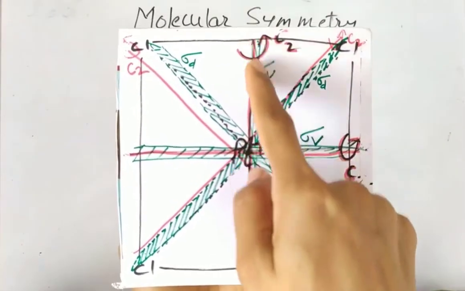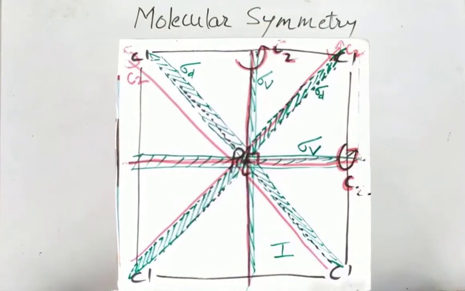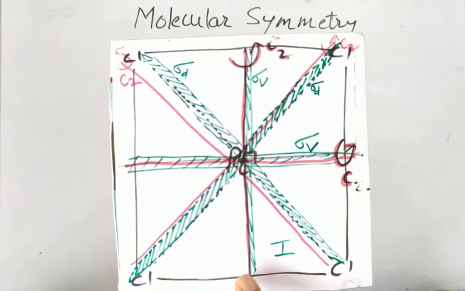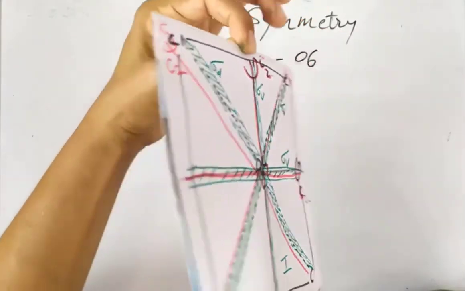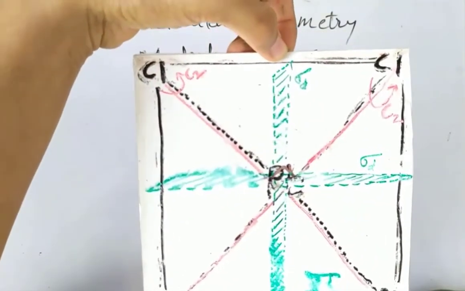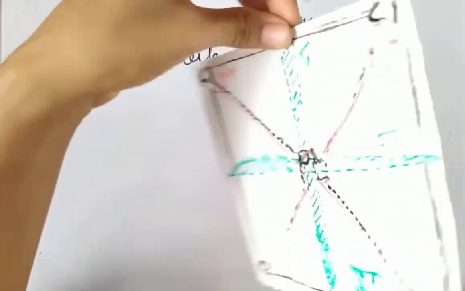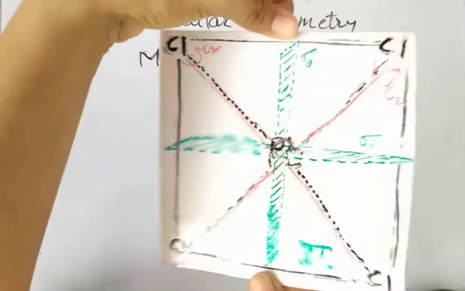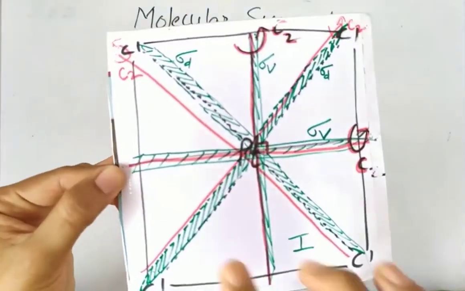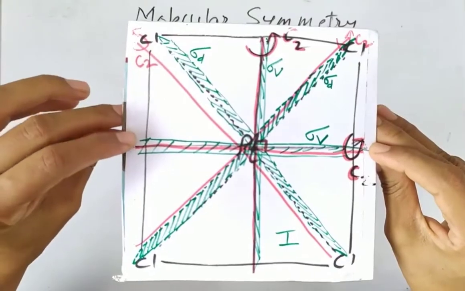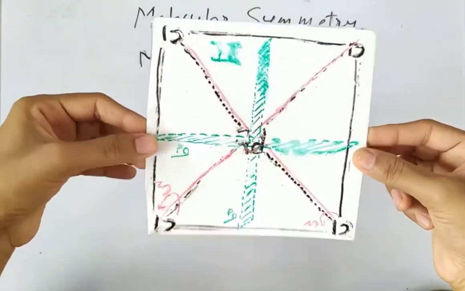How can we say that a C2 passes from here? Because if you pass the axis from here and rotate the molecule, you get the same image, Cl, Cl, Pt, which means we can say that the C2 axis can be passed from here. Similarly, along this line, you can rotate the molecule and you get the same image.